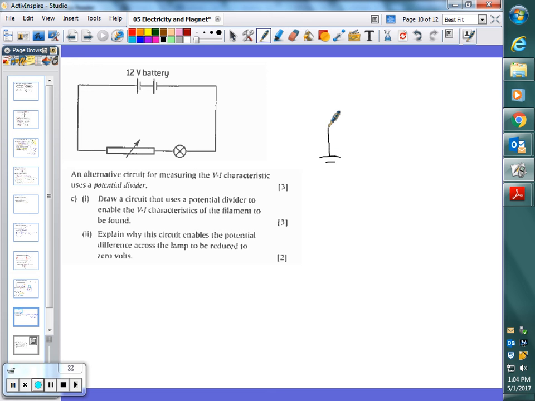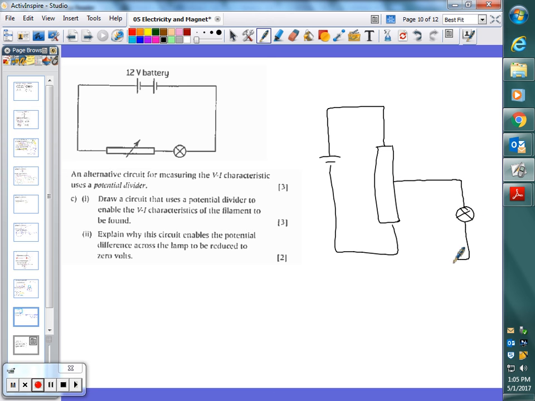Voltage source. And then this is our potentiometer, or potential divider.